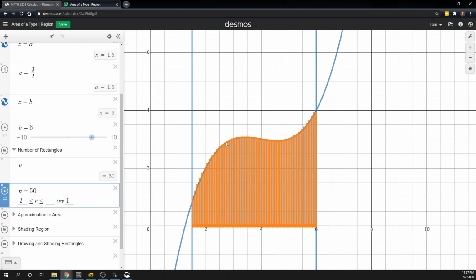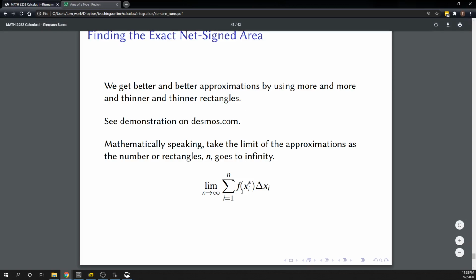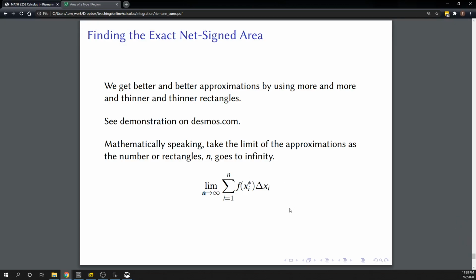You can see that there is a very small overlap and underlap with the area of the rectangles in there. So as I increase the number of rectangles, I get better and better approximations. What ends up happening is that if I take the limit as the number of rectangles goes to infinity, and they get thinner and thinner as well, then what I will get is the exact net signed area.